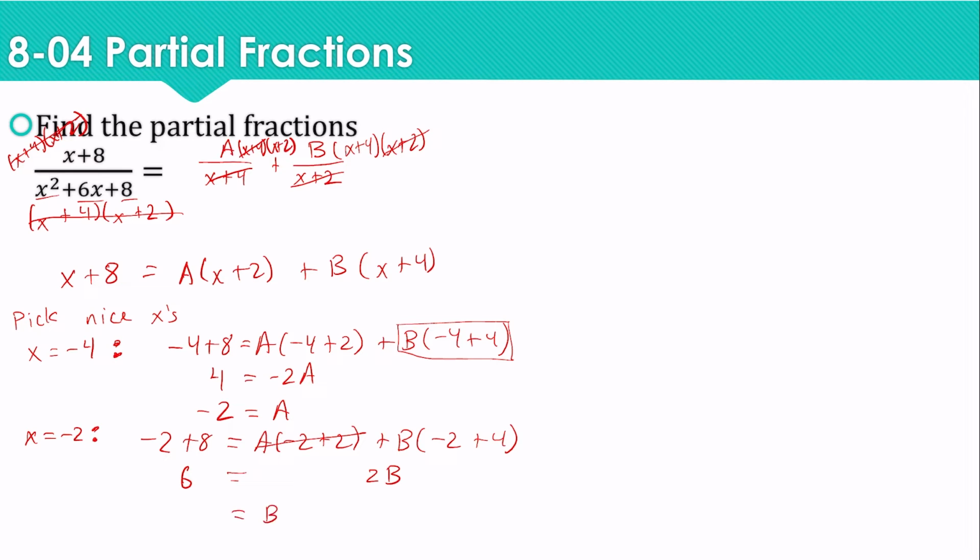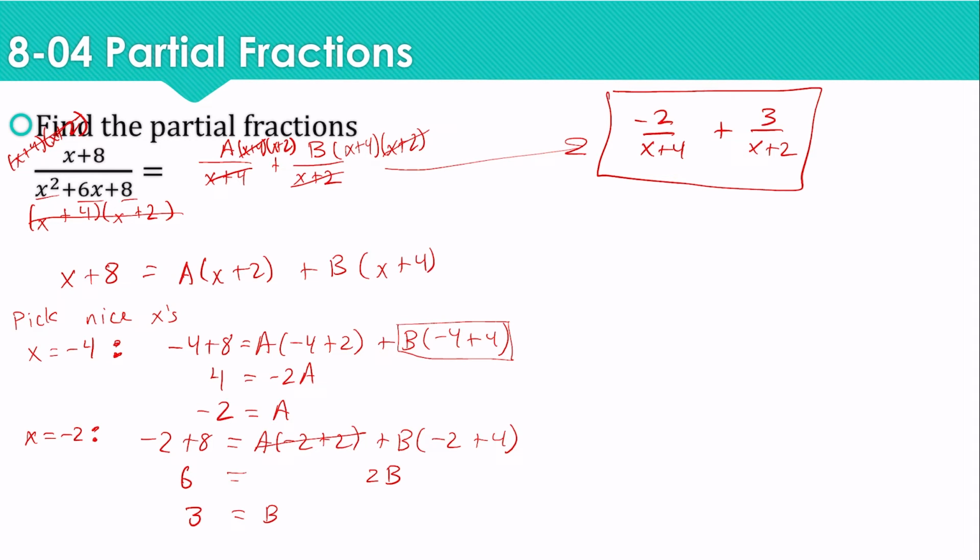So B appears to be 3. So now that I know A and B, I go back to my original thing, which was A over x plus 4 plus B over x plus 2, and just fill in the original expression.